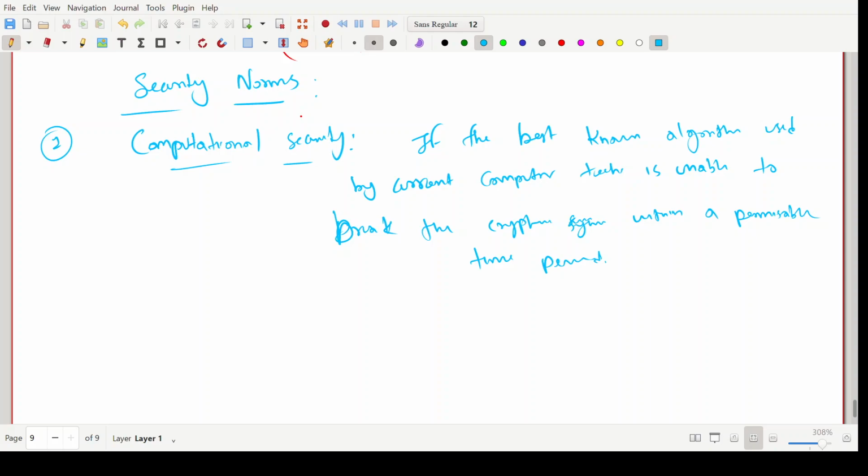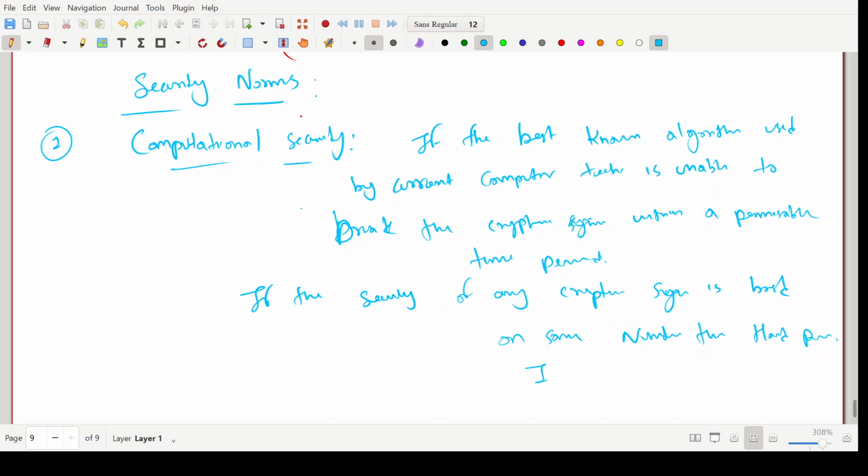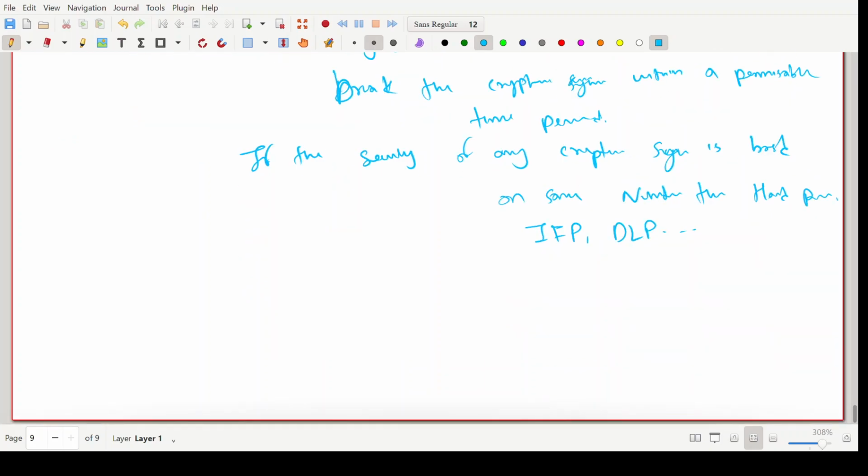That is computational security. The security of any crypto system rests on a number theory hard problem, like the integer factorization problem, DLP, and so on. This was computational security.